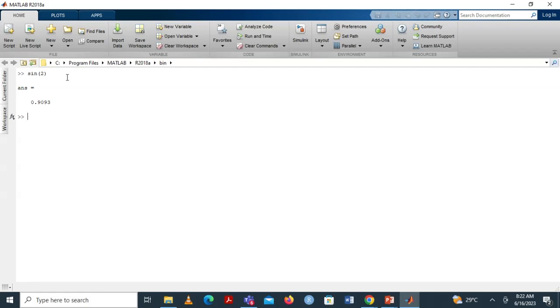Now in the second equation we have sine 2 plus x over sine x. So now we have to define the variable for x. Let's say x is equal to 30. Let's terminate it and press enter.